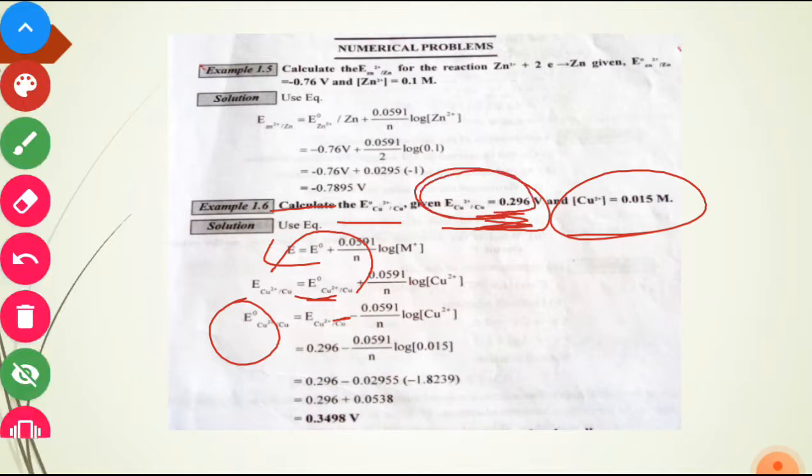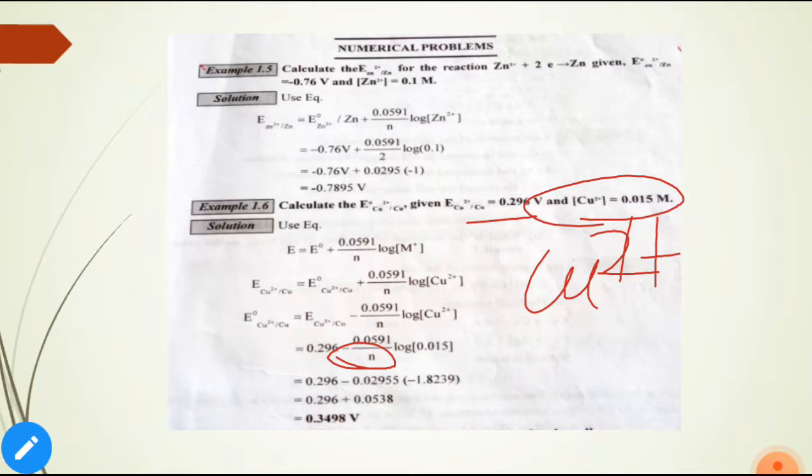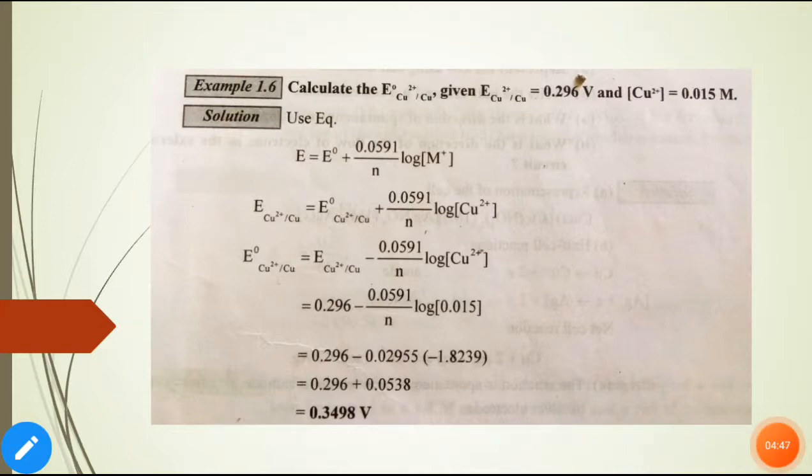The copper is in the +2 state, so you have to take n is equal to 2. Then log of the concentration, which is given as 0.015 molar. You have to substitute all those things. You get the final answer, E naught is equal to 0.3498 volt. Okay. Next, move on to the third problem, that is calculate E naught.